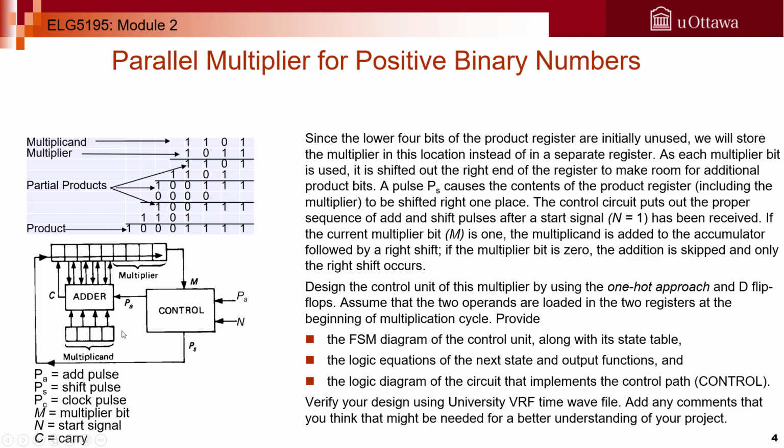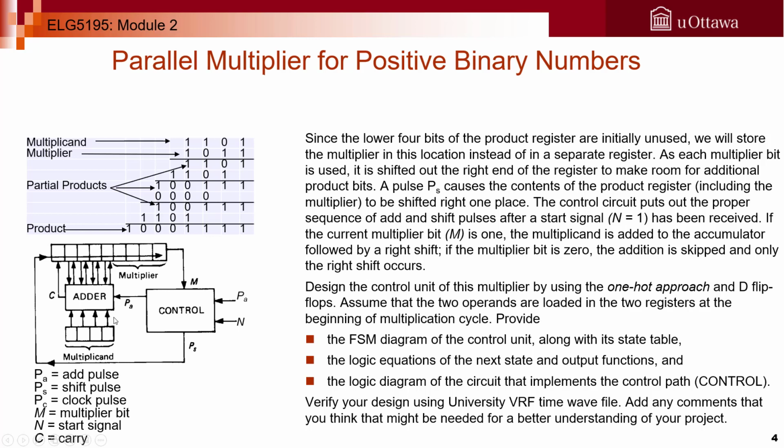In this figure, we see a block diagram for the parallel adder, and as indicated by the arrows, look at the arrows where we're shifting. The 4 bits from the accumulator and the 4 bits from the multiplicand are connected to the adder's inputs.